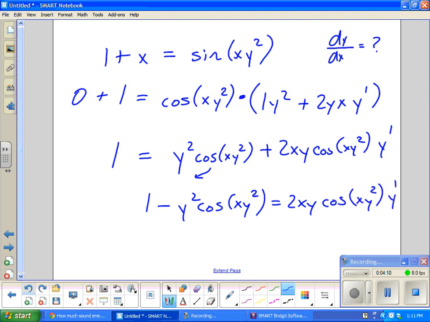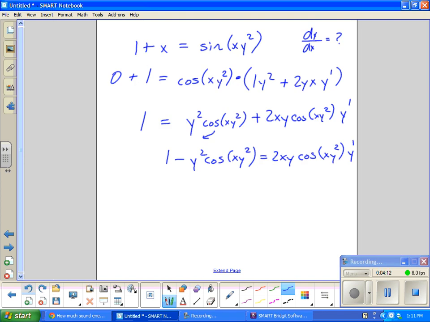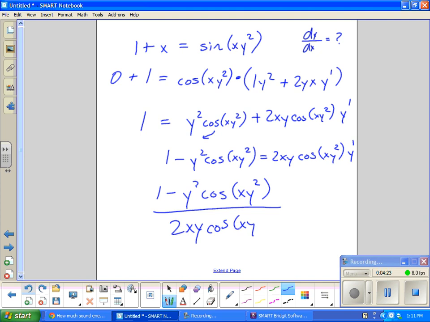Simply divide by 2xy cos xy squared, and I am going to get the final answer of that.